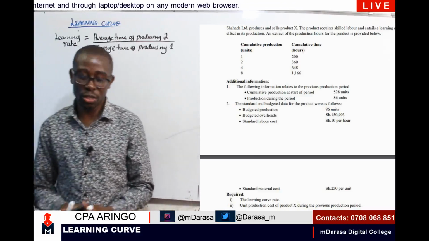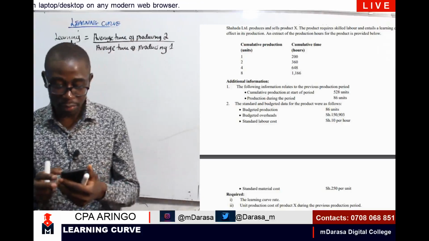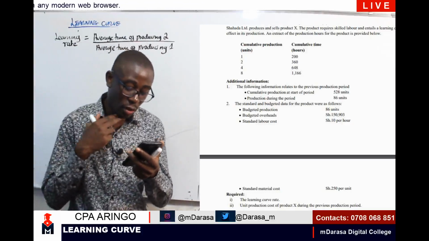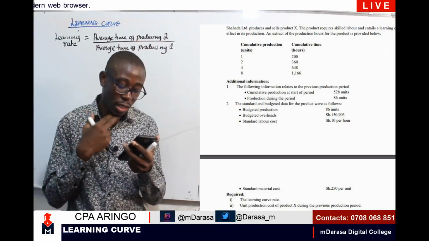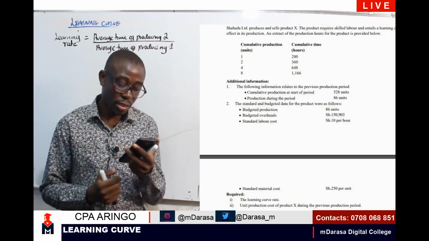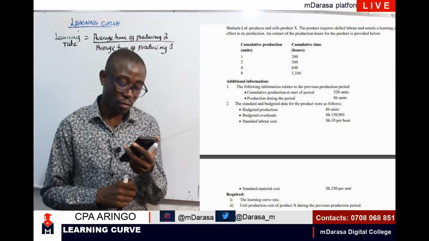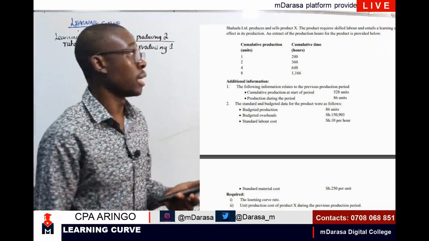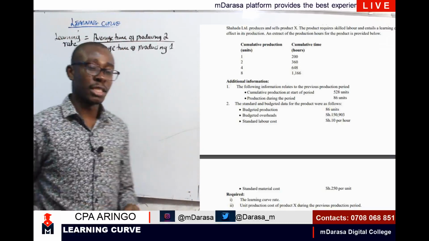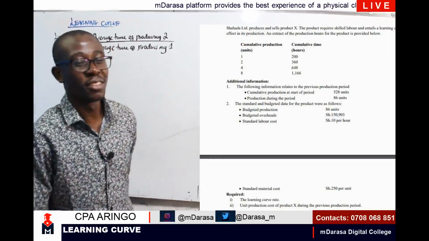Like in our question here, we can clearly see that I was given the cumulative production and the cumulative time. I am asked to determine our learning rate, but do we have the average time? We don't have an average time. Now, if you're not given your average time, will you not proceed?